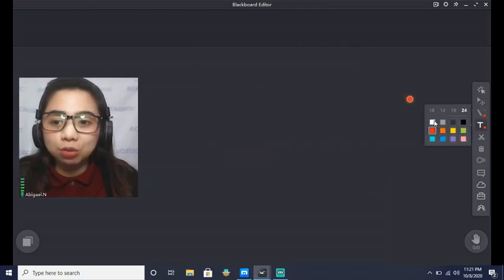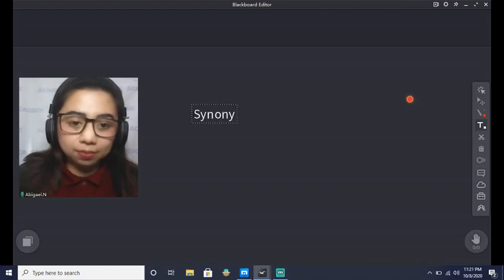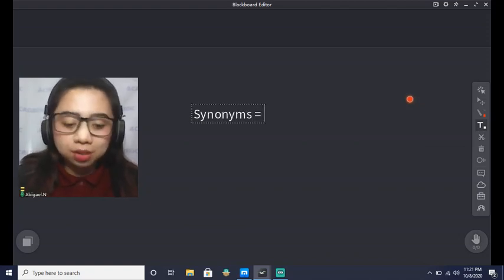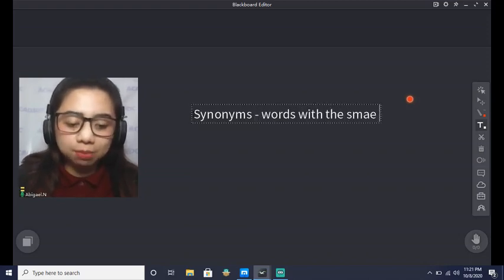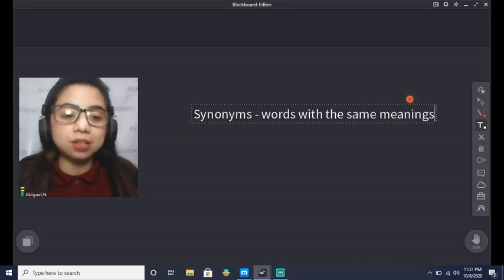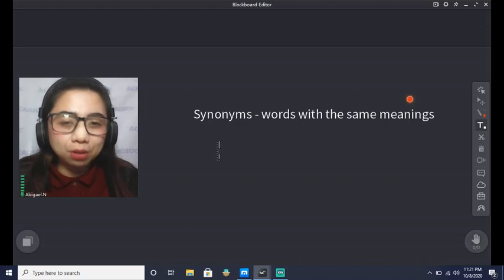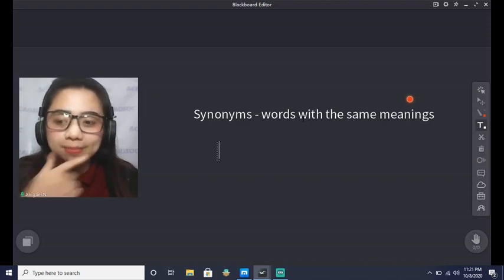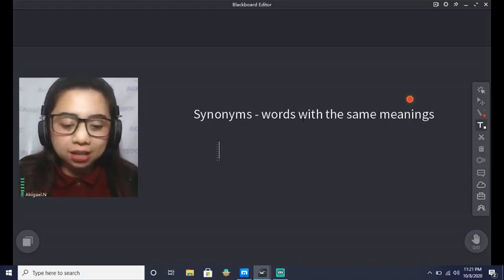As you know, synonyms are words with the same meanings, right? For example, the word is overweight.